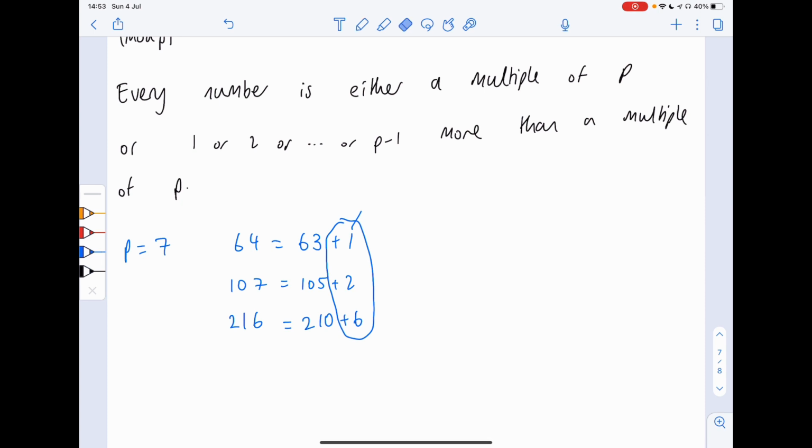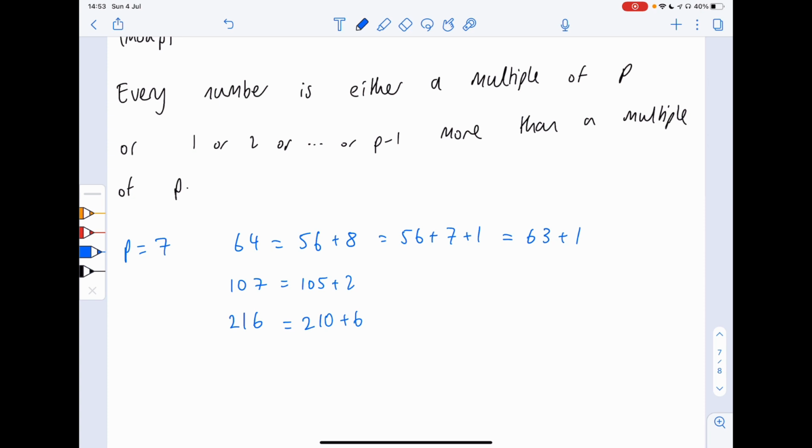Because if it's not less than 7, then say we wrote this as, instead of 63 plus 1, 56 plus 8, right? But then this is like 56 plus 7 plus 1. So we can split that 8 up to write that as 63 plus 1.